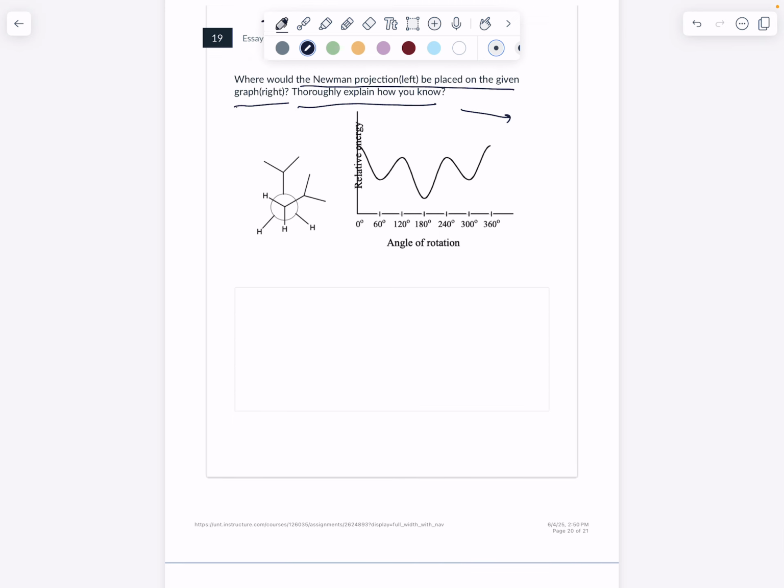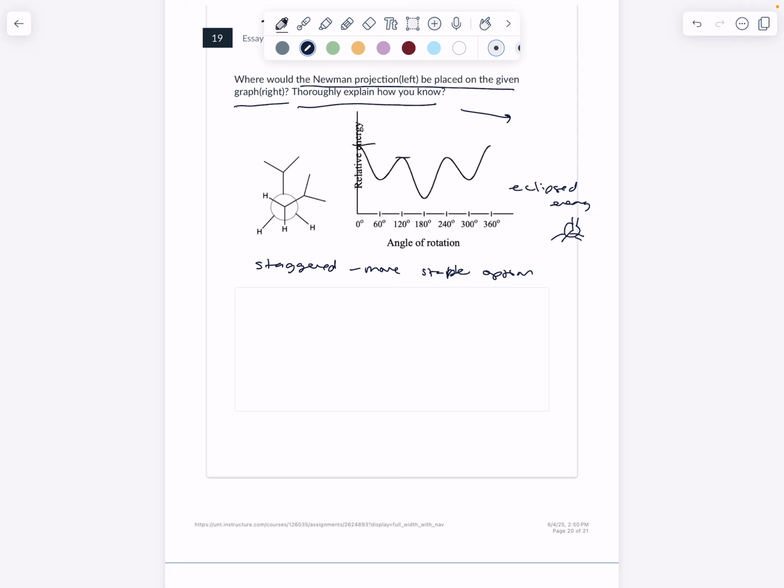So if you're looking at this Newman projection, you can see that it is staggered. So that is going to be the more stable option. Whereas eclipsed is higher in energy. We drew that earlier. It's where they're sort of laying right on top of each other.